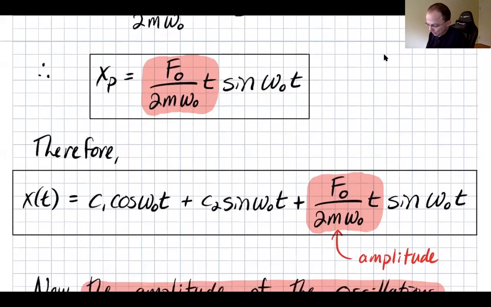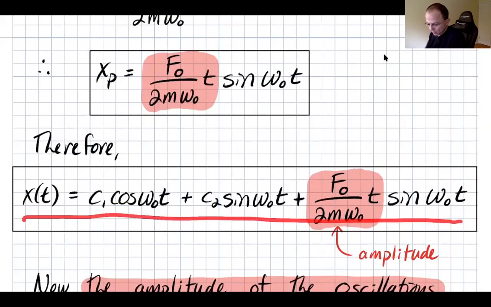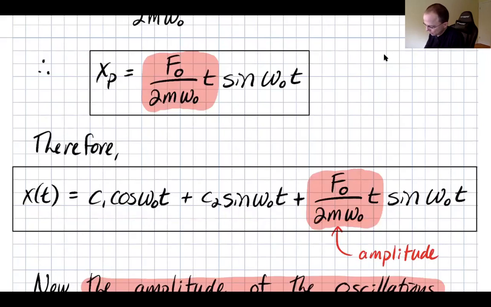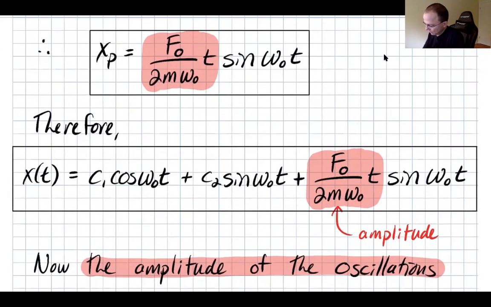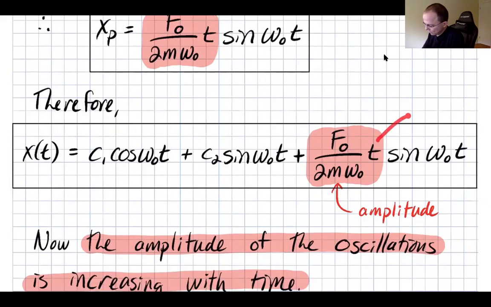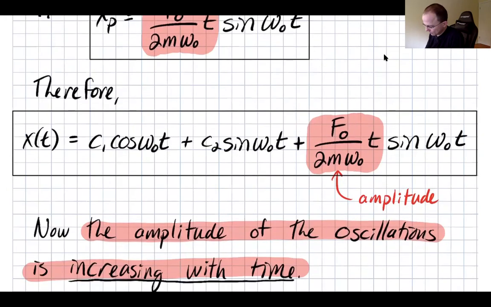So let's put all this together in our solution of our differential equation. And here we see this amplitude of the oscillations is here. I guess these two terms could actually be combined together. I could have done that, but that's fine. The oscillations of this are going to be this plus whatever this C2 is.